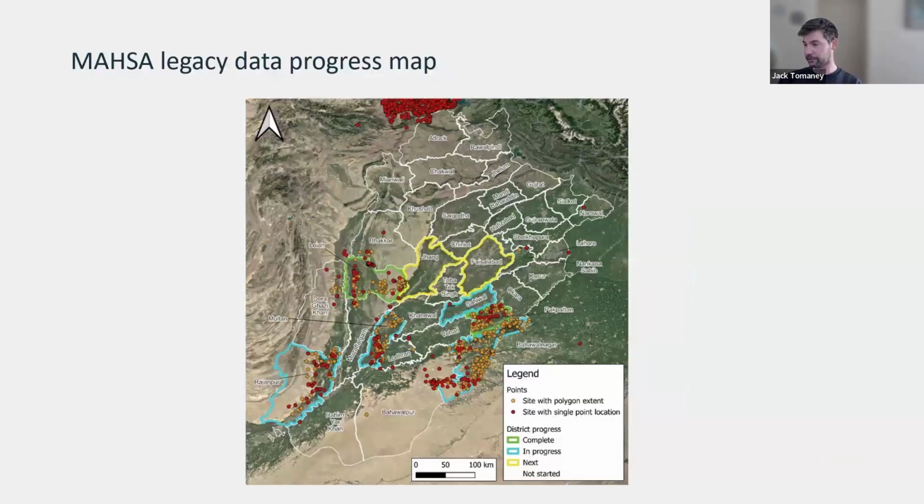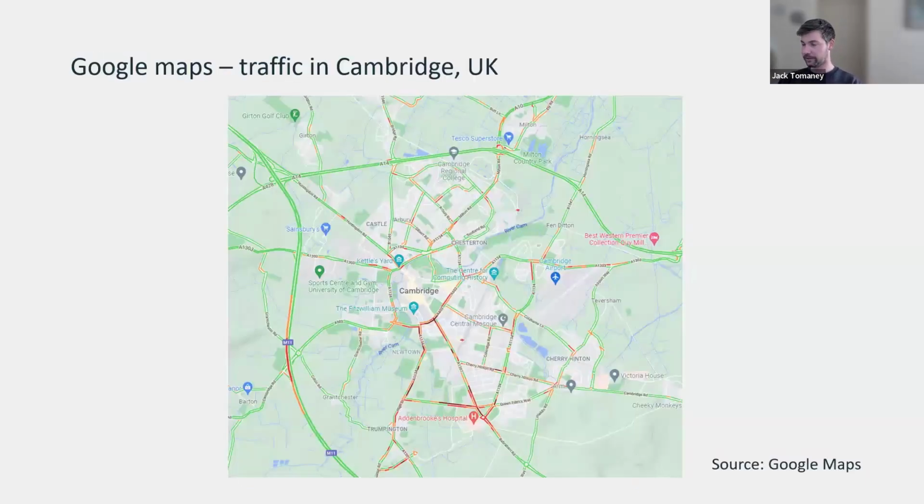Similar to changing the colors of the polygons, in Google Maps the vector lines can change color depending on real live data that is coming in. It's essentially the same thing: the geographic location, the road, the vector line, is being changed based on the attribute data that is supporting that geographic data.